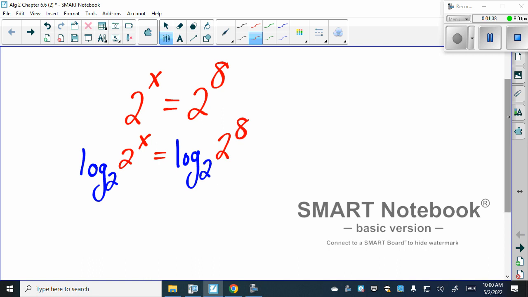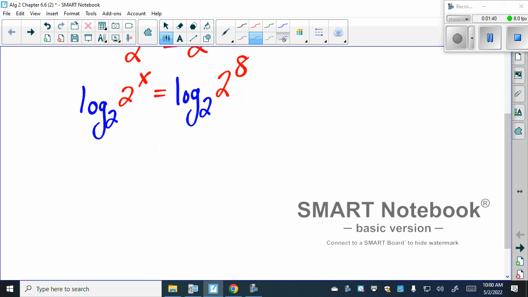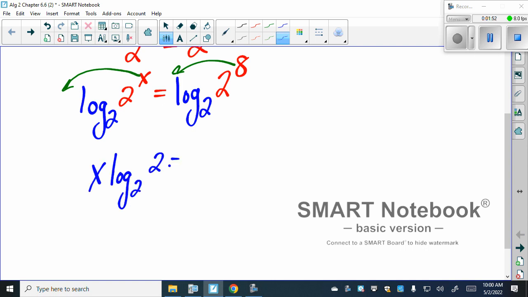If we have an exponent inside of a logarithm, we can move it to the front, which tells us that we have x log base 2 of 2 is equal to 8 times log base 2 of 2.